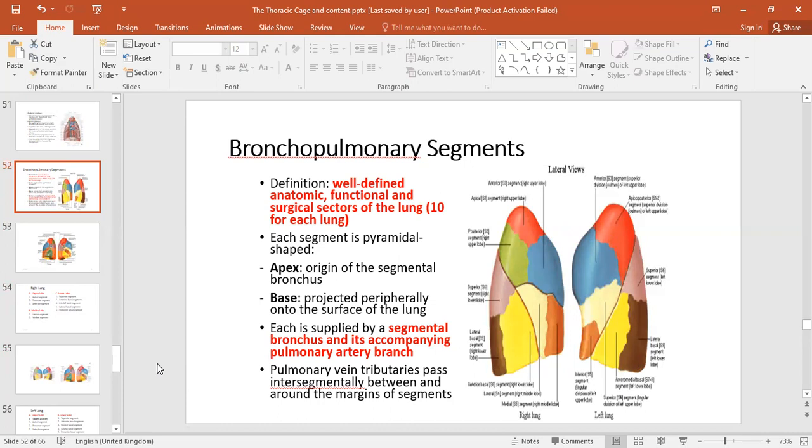It is just a variation that is considered normal in human beings, because we are never perfect and we are never exactly the same. Even though we may have identical twins, they will not have similar structures in their body. There will be some variations here and there. So segments can only be 8 or 10.